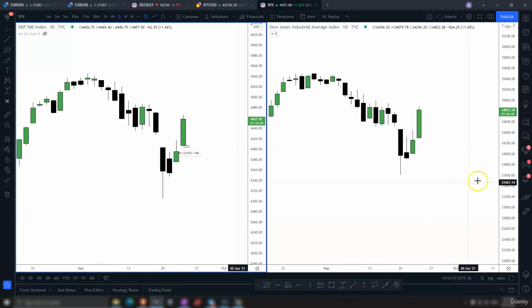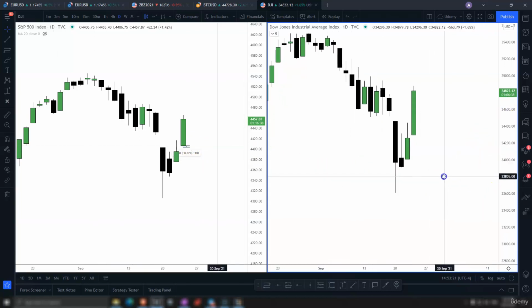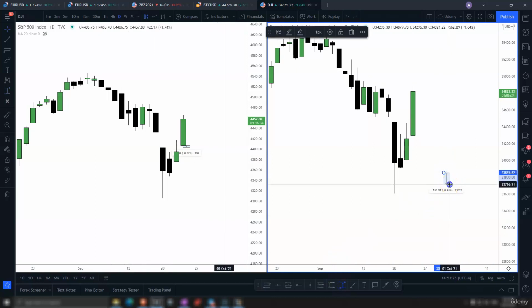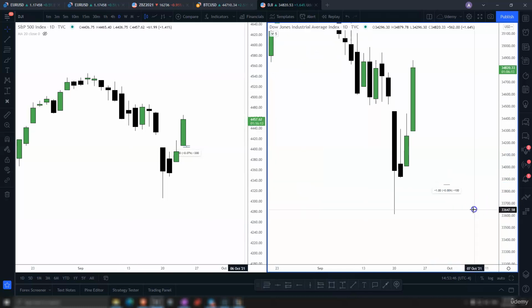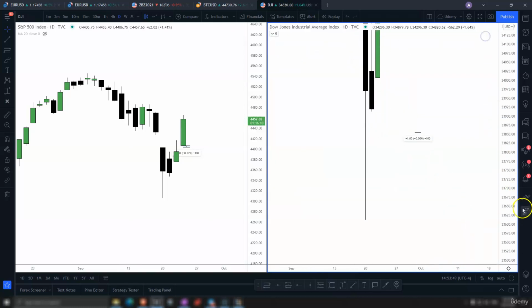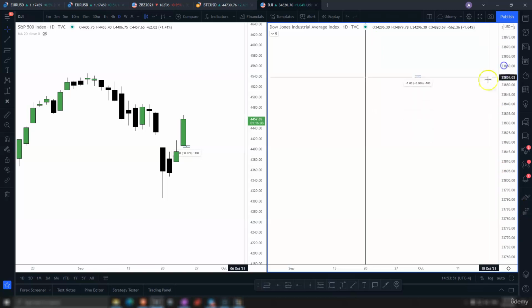But if you do the same thing on this market, let's add this range. Let me go here. 55854. Okay. This is 1 point. You see that on the Dow Jones you can barely see it.